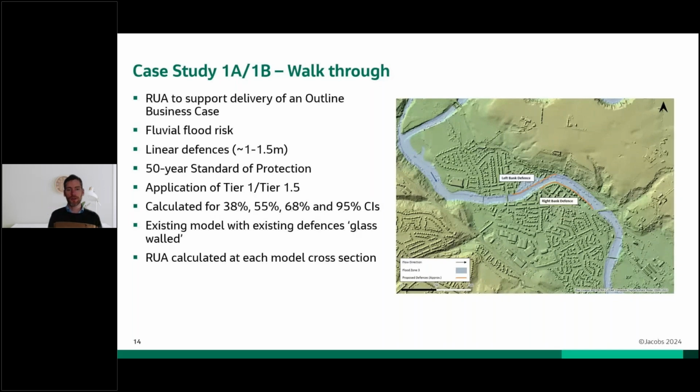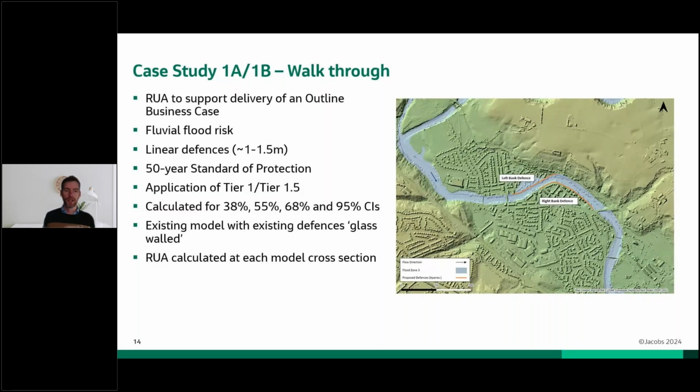Practically, in terms of how you go about doing this residual uncertainty analysis and the sensitivity tests involved, we were able to use the existing model. The one caveat and one thing to be aware of is if you are doing it for linear defences, it's important that the model includes glass walls, or at least that those defences are sufficiently high that the sensitivity tests don't result in overtopping of the defences.